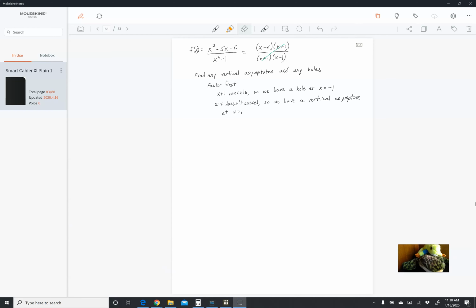So this is how we find holes and vertical asymptotes. We're trying to figure out where the denominator is 0.